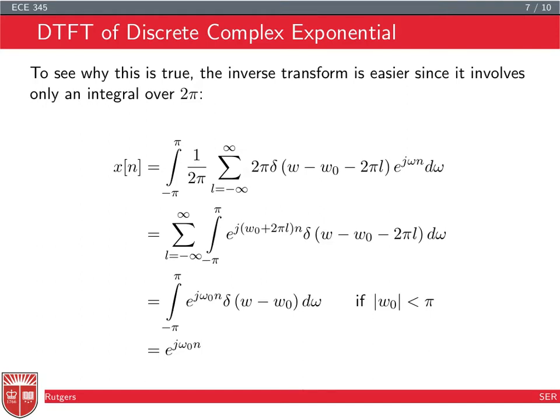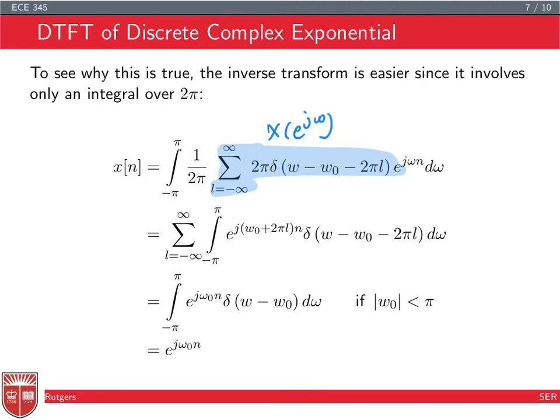So we start with the given that the DTFT of a signal is the following, X(e^{j omega}), and the question is to find x of n. To do this, we apply the inverse DTFT.